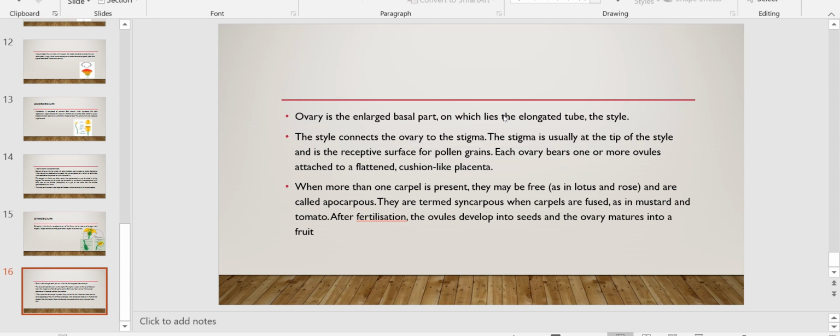Each ovary bears one or more ovules attached to the flattened cushion-like placenta. When more than one carpel is present, they may be free and are called apocarpous. They are termed syncarpous when carpels are fused, as in mustard and tomato. After fertilization, the ovules develop into seed and the ovary matures into the fruit.